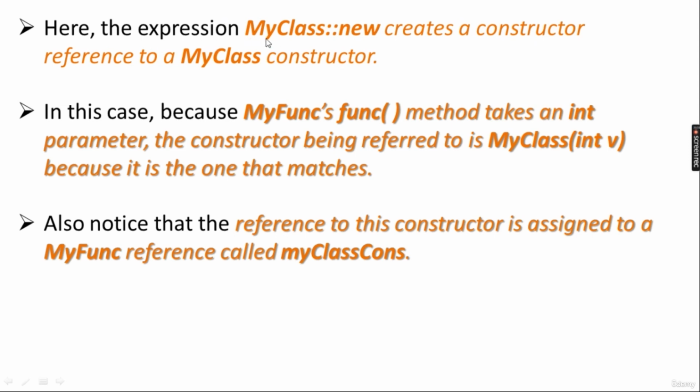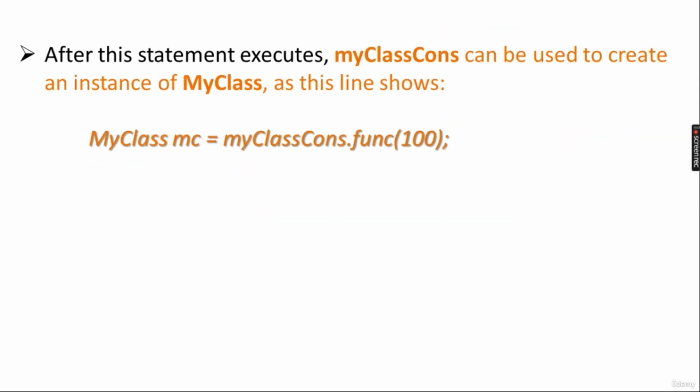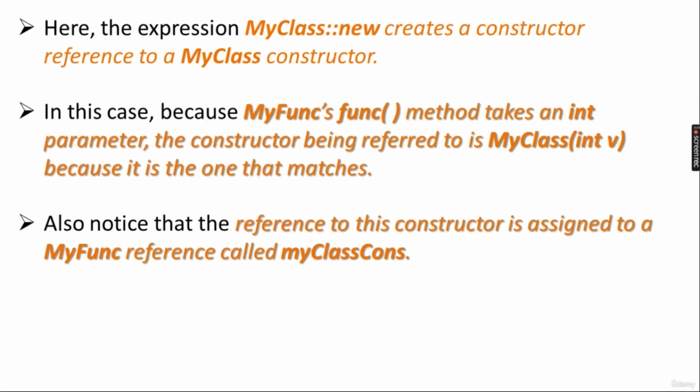The expression my class double colon new creates a constructor reference to a my class constructor. In this case, because my function method takes an integer parameter, the constructor we refer to is the one related to integer v. The reference to this constructor is assigned to a my function reference called my class constructor.